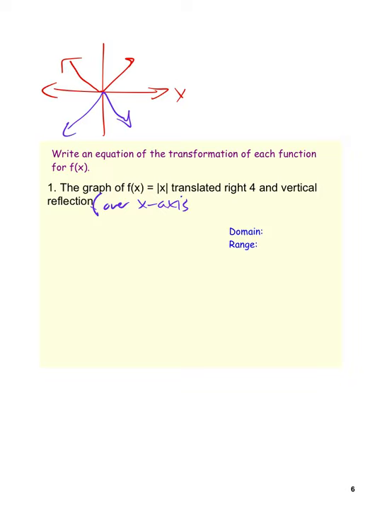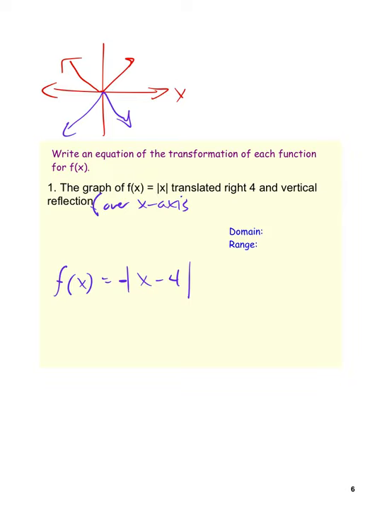Okay, so 4 units to the right, that would mean on the inside of this, we have an x minus 4. Okay, and that's what moves it 4 units to the right, is the minus 4. Now the vertical reflection here, again over the x-axis, means that this turns our y's to be negative. So a reflection over the x-axis puts that negative out front.